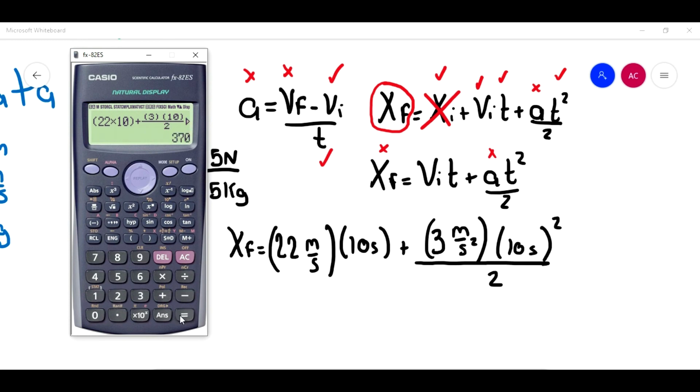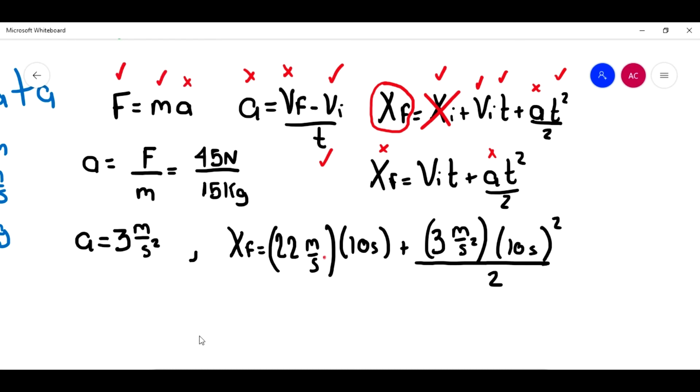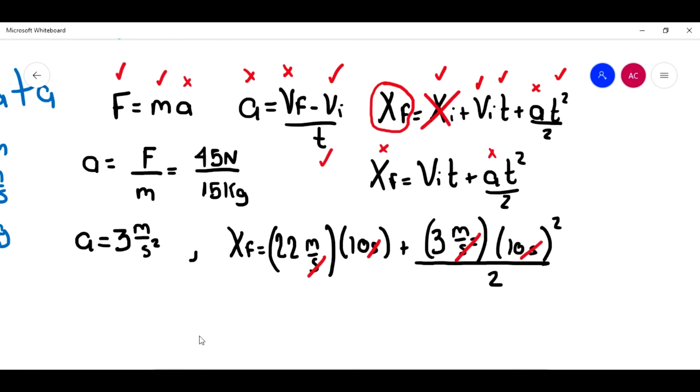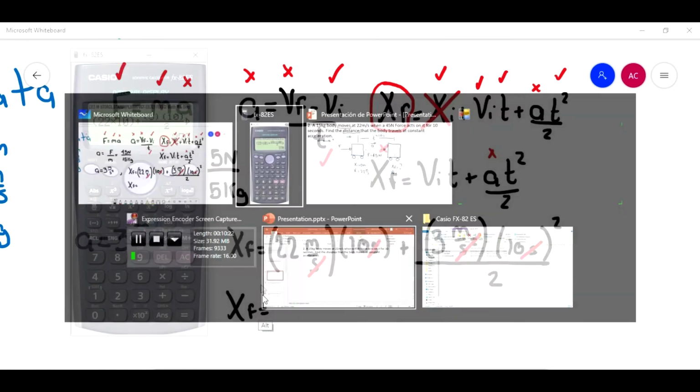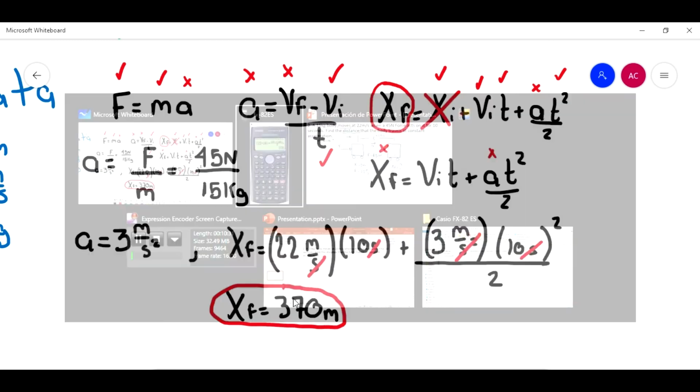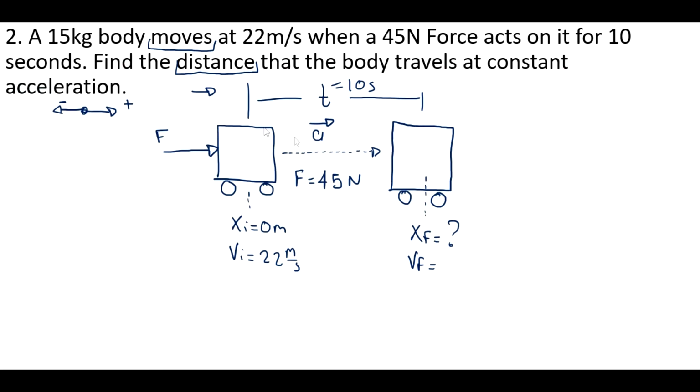And that is the answer. But what are the units? Just remember, seconds cancel with seconds, and second squared is going to be canceled with second squared. So the answer to this problem will be final position equals 370 meters. That is the distance or the displacement.